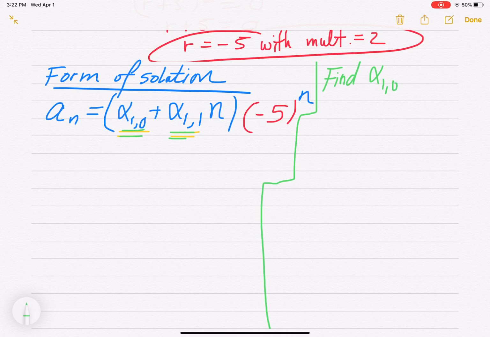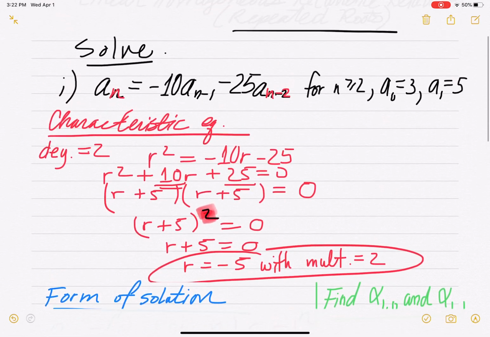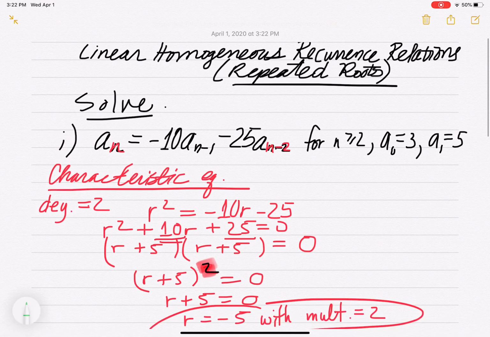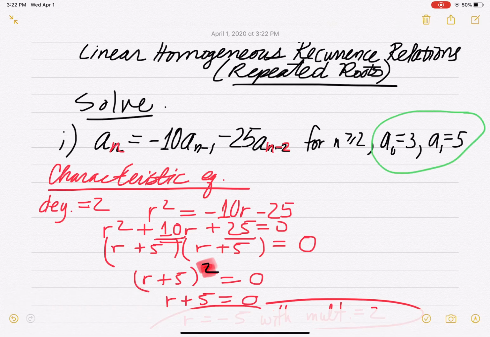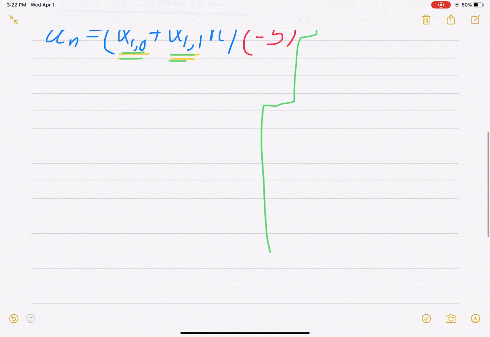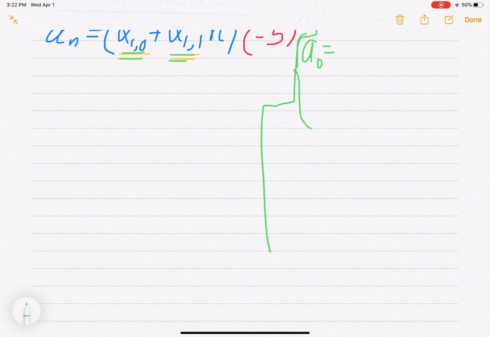We have to go back to our initial values. I'm sorry, a_0 is equal to 3, and a_1 is equal to 5. I think that's right.